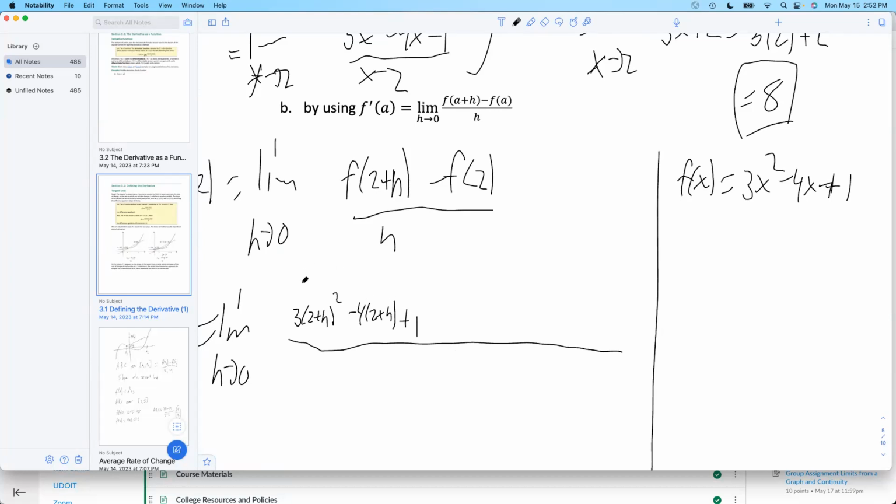That right there, what I've just written, that's just f of 2 plus h. What am I supposed to subtract from that? f of 2. And I'm going to need a bracket here because I have to subtract the whole thing. So now, just this piece, replace all the x's with a 2 in parentheses.